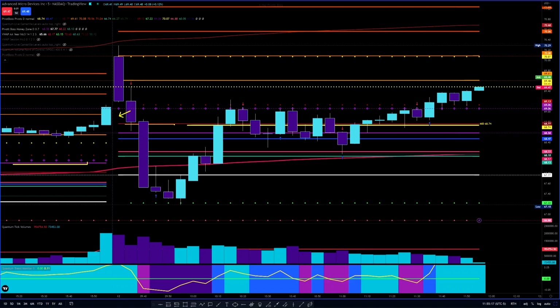I took that all the way down to when we broke the value area low. We even broke back down into the money zone, which is the meat of the trading yesterday, where a lot of value had taken place.